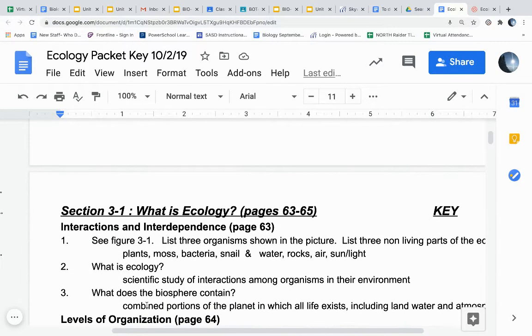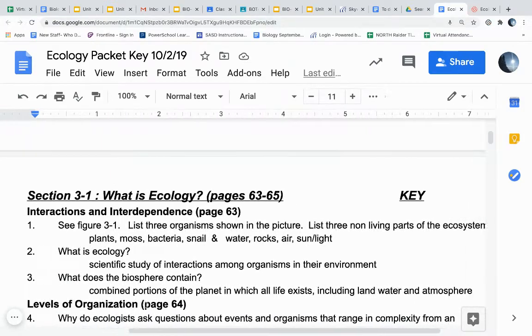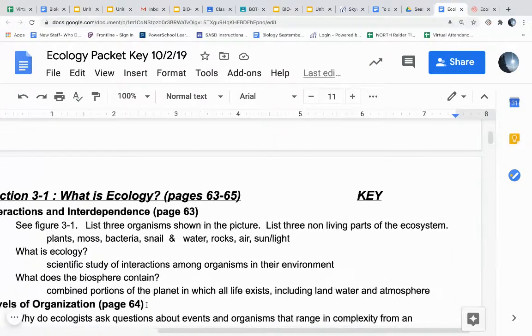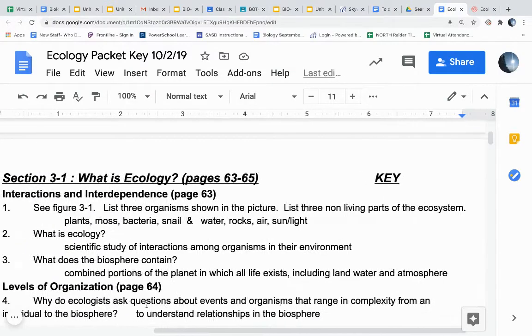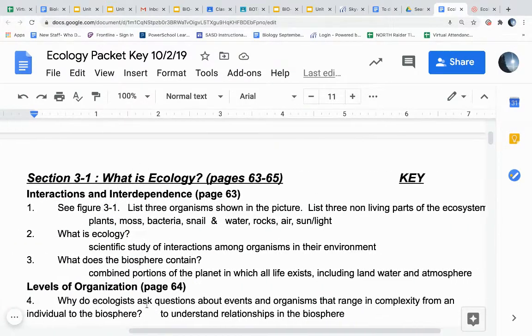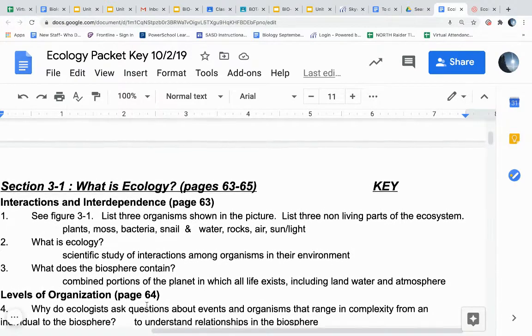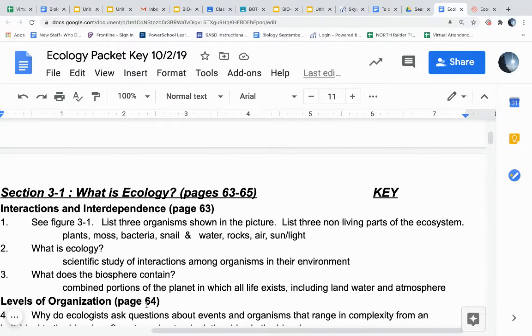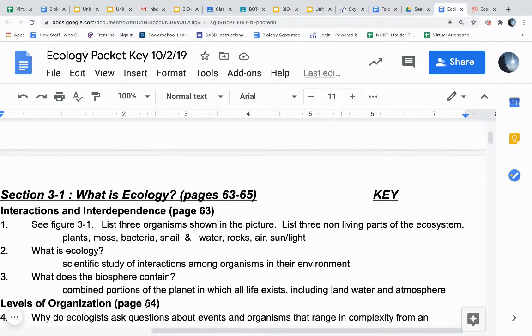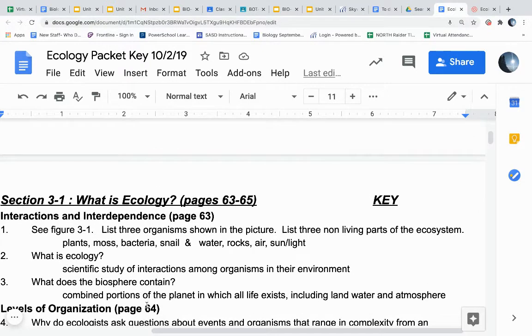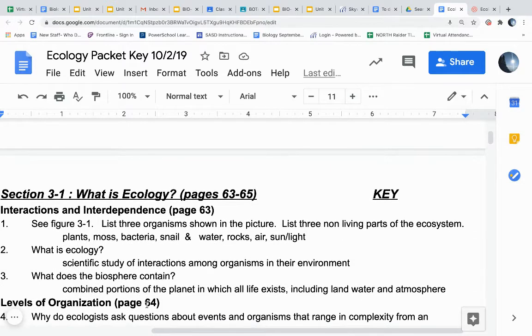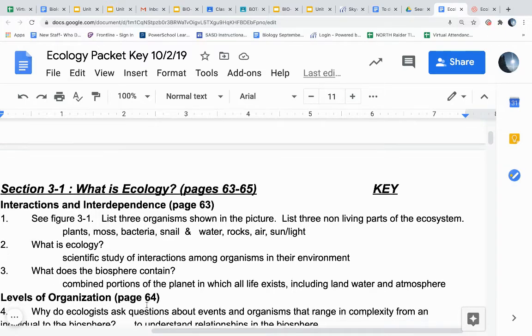Levels of organization. Why do ecologists ask questions about events and organisms that range in complexity from an individual to the biosphere? So essentially, the long and the short of it is that they want to understand relationships in the biosphere, whether that be among populations of, say, elk in Yellowstone National Park, or maybe on a larger ecosystem level, like perhaps how are environmental pollutants impacting this stream community?